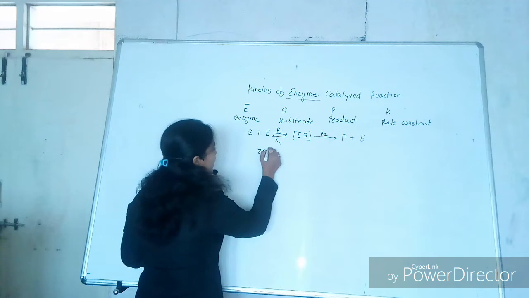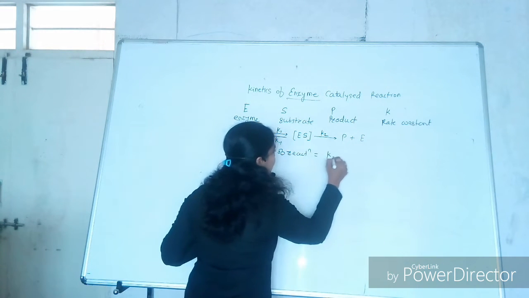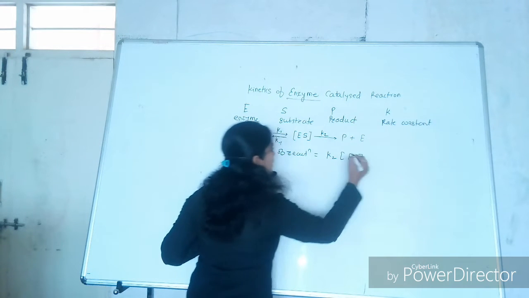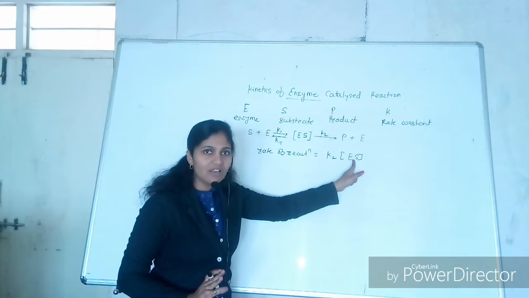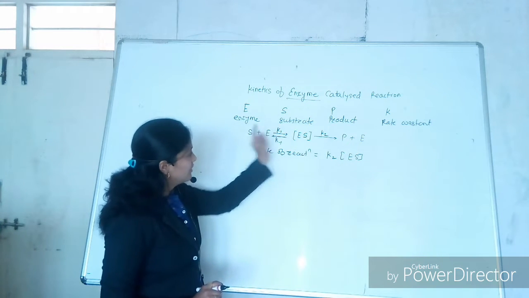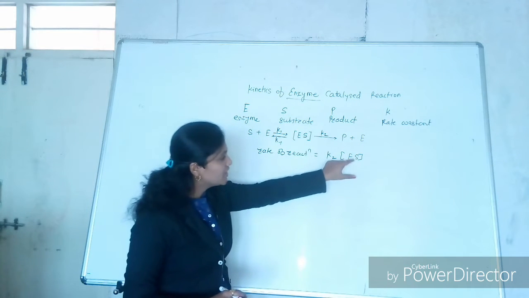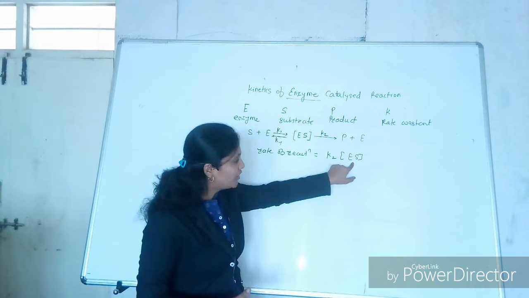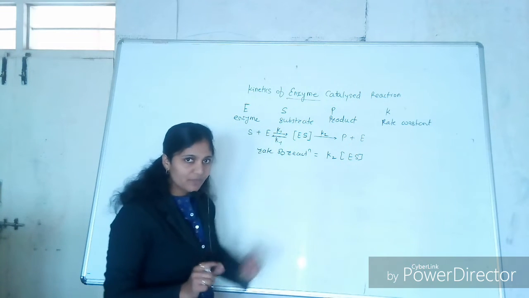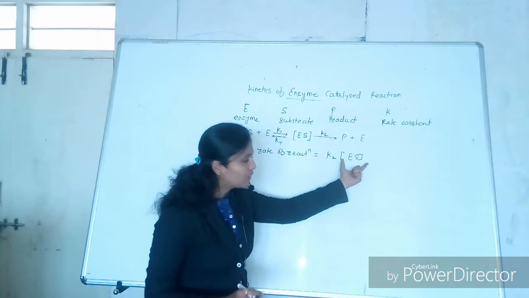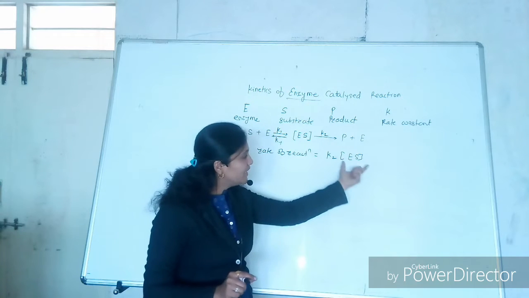So the rate of reaction will be K2 into the concentration of enzyme substrate complex. This is the intermediate in the reaction, not part of the reactant or the product. So to determine the rate of reaction, we need to calculate the concentration of enzyme substrate complex, the intermediate.